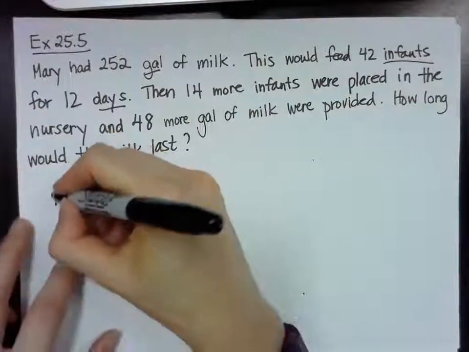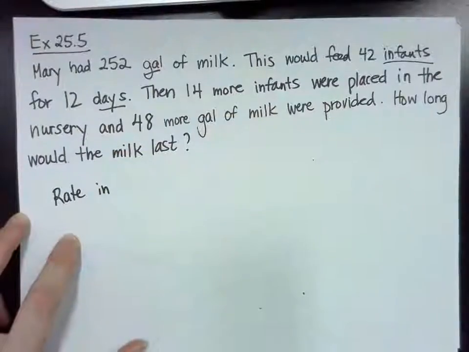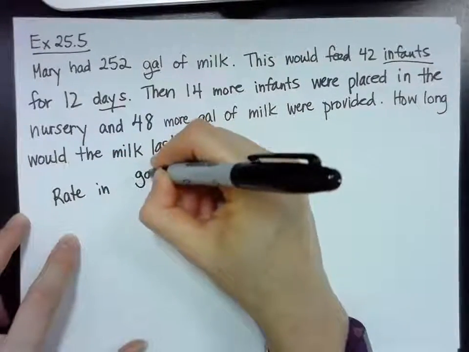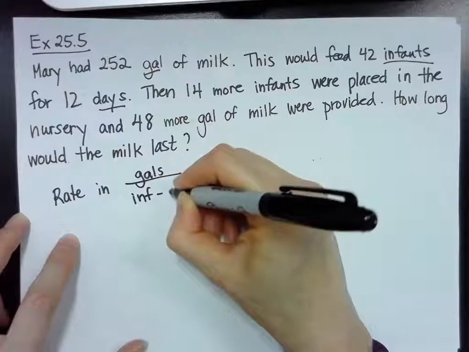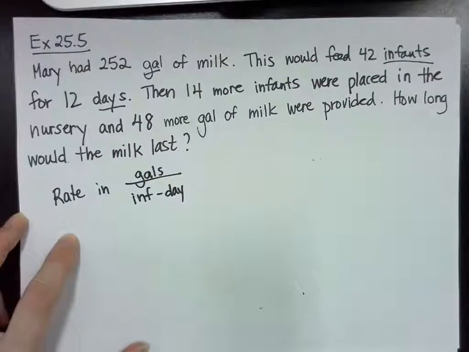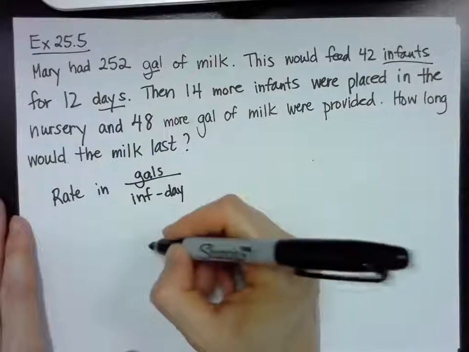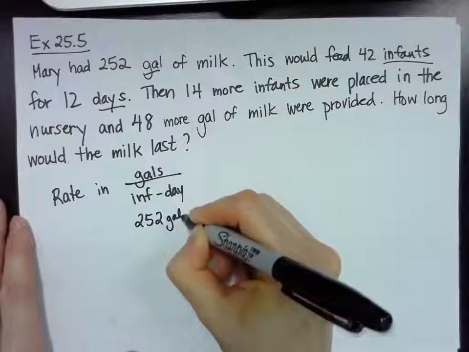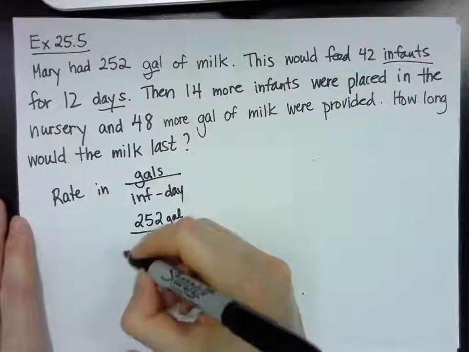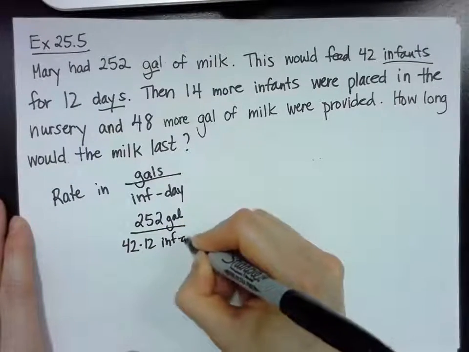Okay, so our rate is going to be measured in gallons per infant day. So in this particular instance, our rate is going to be 252 gallons in 42 times 12 infant days.